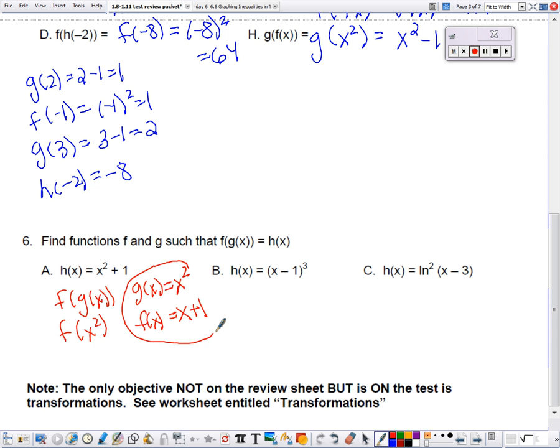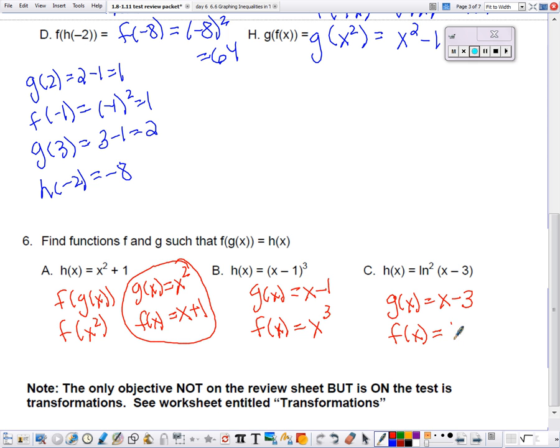So here's my answer for A. For B, the inside function is x minus 1, and the outside is x to the third. And for H, this last one, my inside function is x minus 3, so what we would substitute that into would be the ln squared of x.